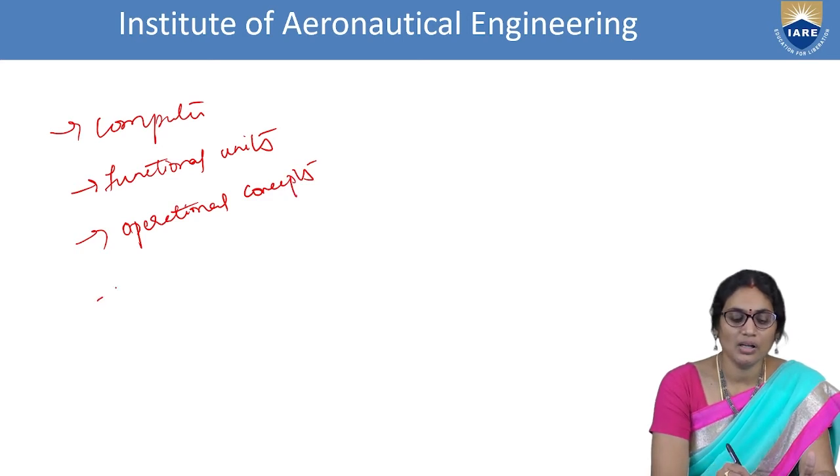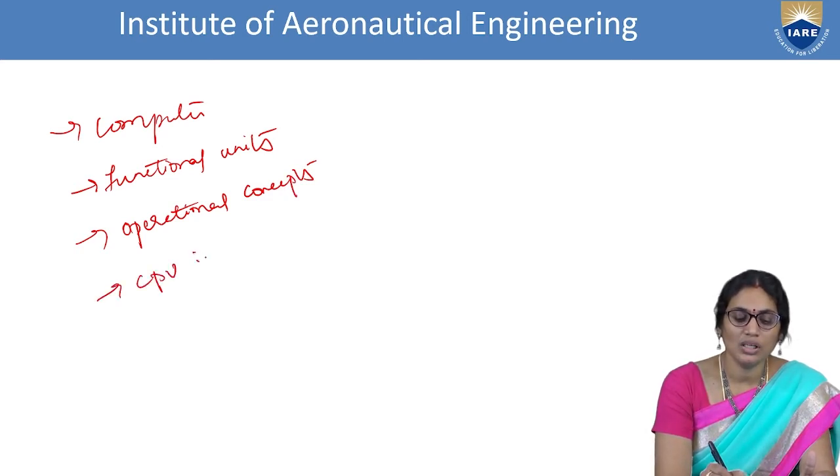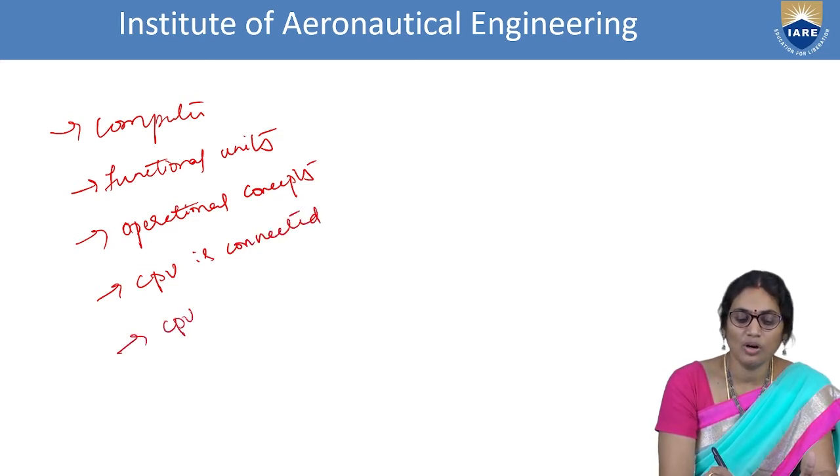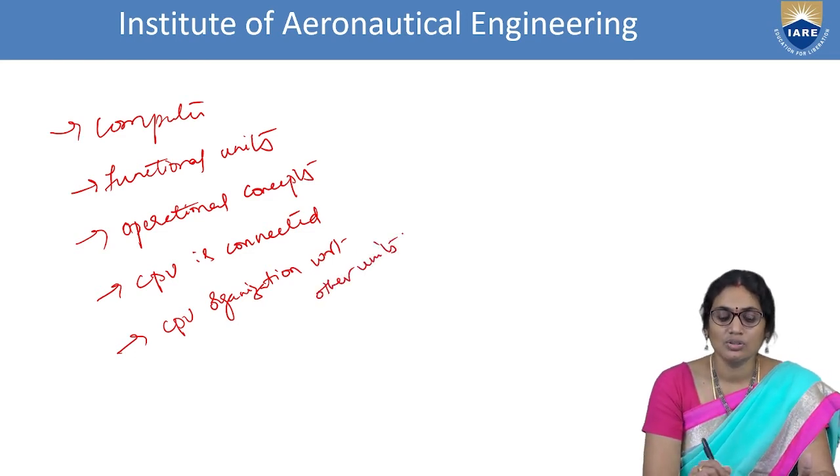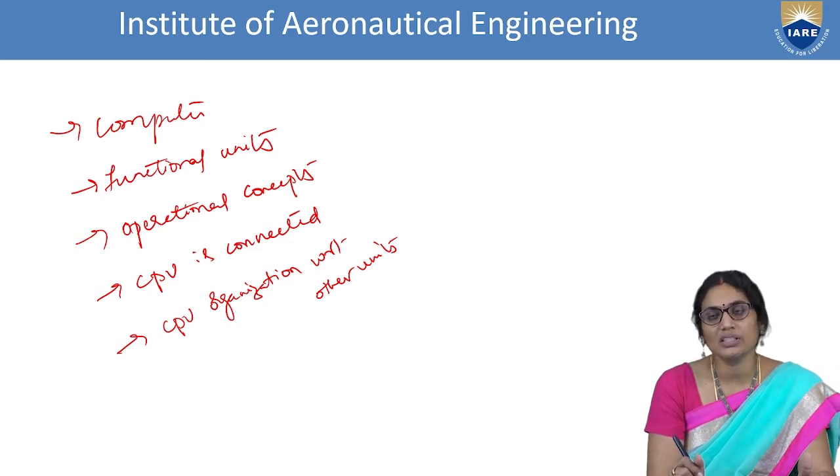Followed by this, we learnt how the CPU is connected with other components inside the processor, and how the CPU organization, with respect to other units, gets executed. So these are the things we have learned in today's session.